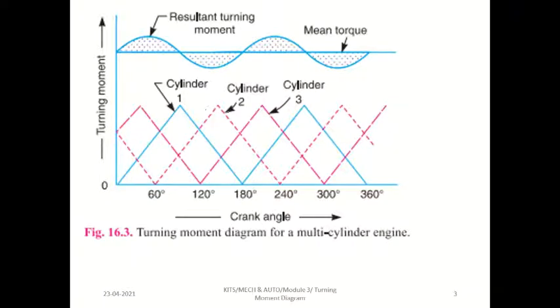For engines having multiple cylinders, if one cylinder is taking power from the flywheel, another cylinder might give energy or power to the flywheel. So in the multiple cylinder case the turning moment diagram will be like this: positive, negative, positive, negative.